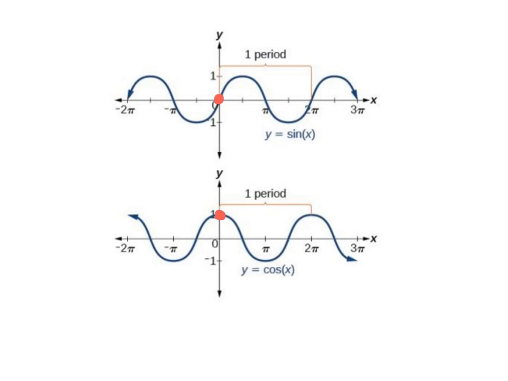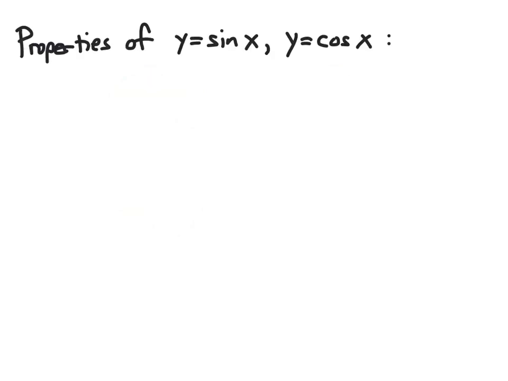So we'll end this video by looking at some basic properties of sine and cosine that we can actually see from these two graphs. And so from those graphs, we can deduce the following properties of these functions. All right, we can see that their domain is going to be any real number, so in interval notation, negative infinity to infinity.